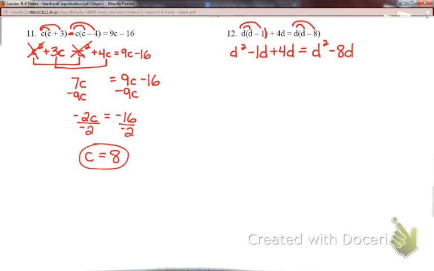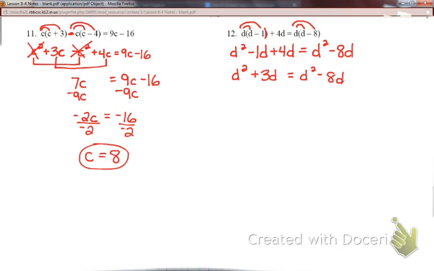Okay, we can make the left side shorter, we can combine like terms there. So d squared, this is a negative 1d plus 4d, that would be a positive 3d. That equals d squared minus 8d.